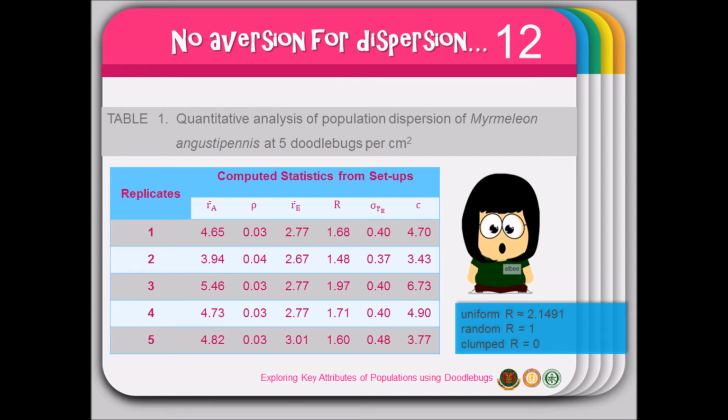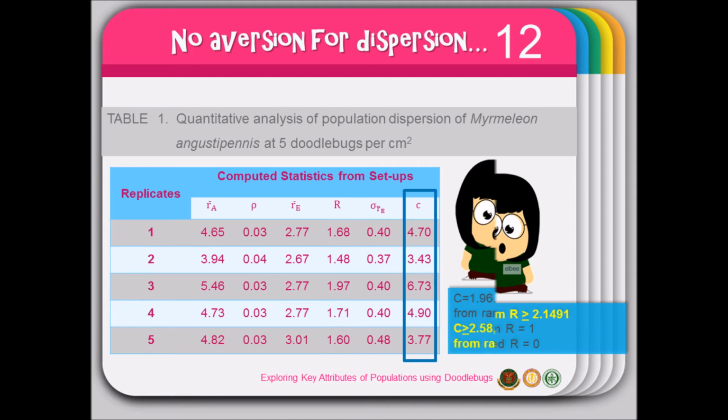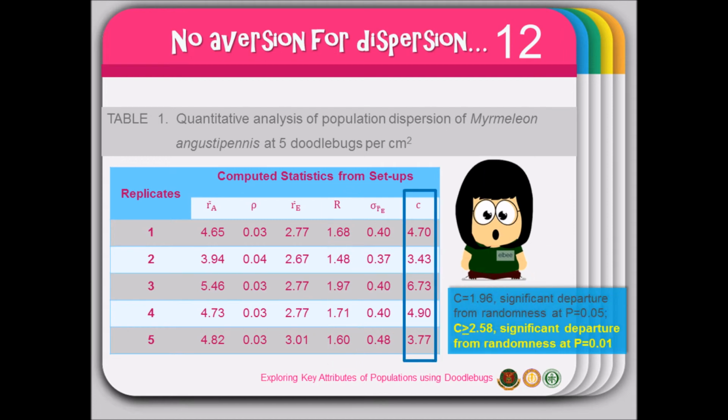Dispersion can be inferred through the value of R. Since the R values of all 5 replicates shown here are greater than 1, we can assume that the type of dispersion that this doodlebug species exhibits is uniform. The type of population dispersion can be confirmed by computing the C value.